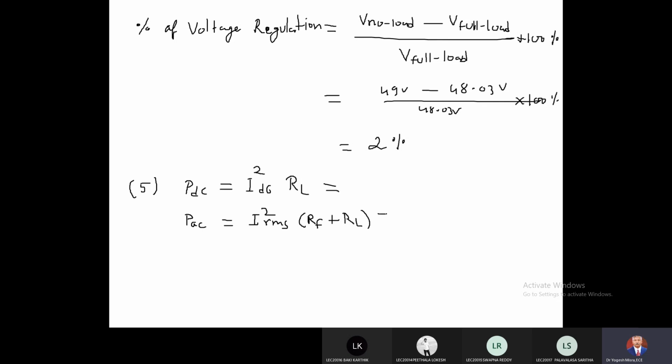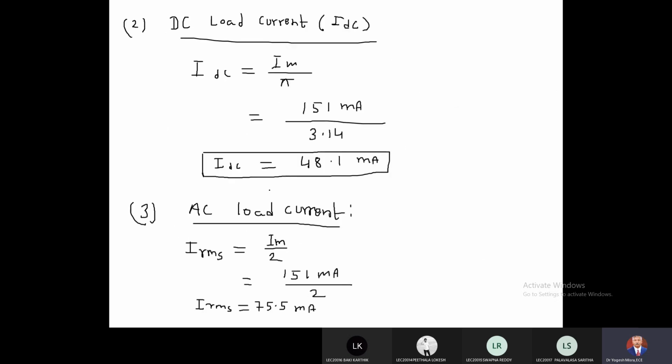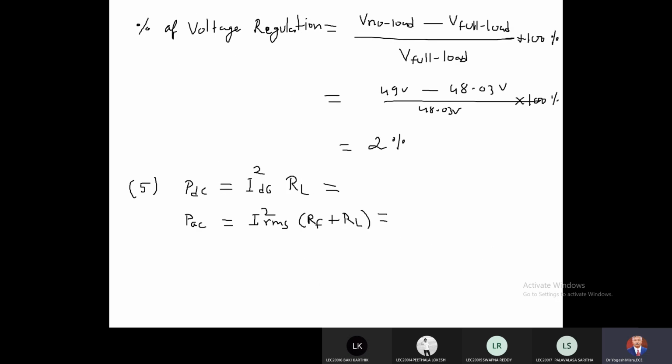So here, IDC we have already calculated. IDC value we have calculated 48.1 milliampere, and RL is 1 kilo ohm. So you will get 48.1 milliampere whole square multiplied by RL.